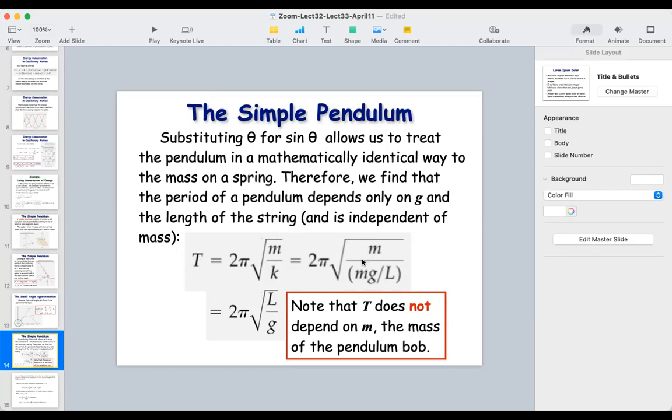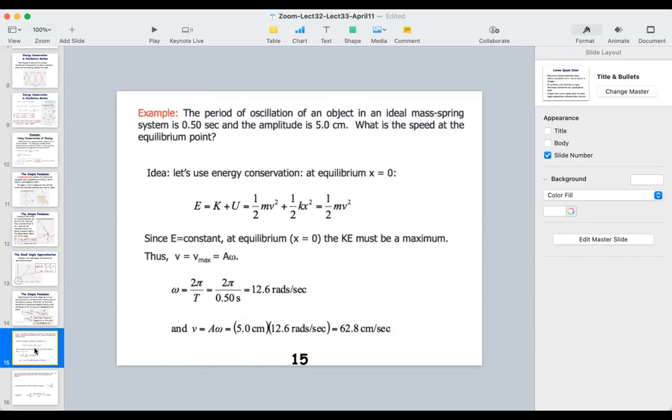Our k in this case is mg divided by L. So we can write that the period for a pendulum is 2 pi times the square root of L divided by g. So T does not depend on the mass of the pendulum, but depends on what? On the length and then on the gravitational constant.